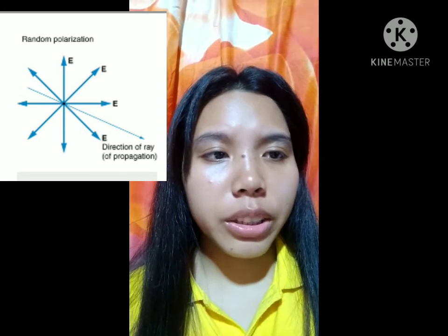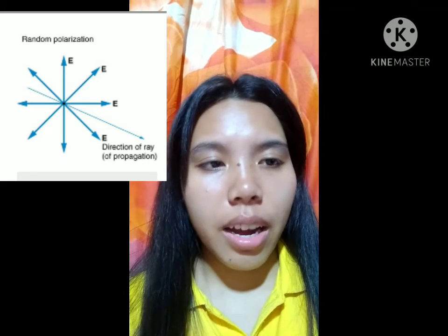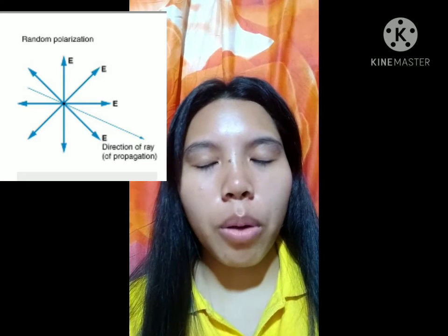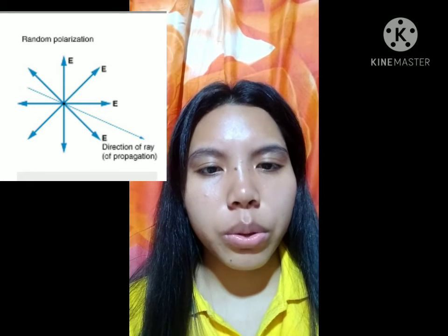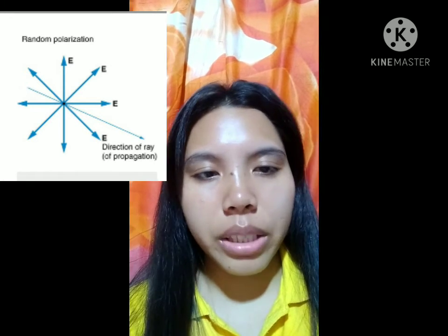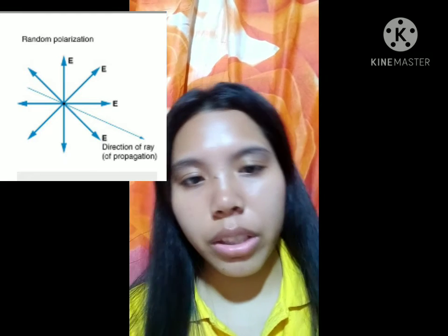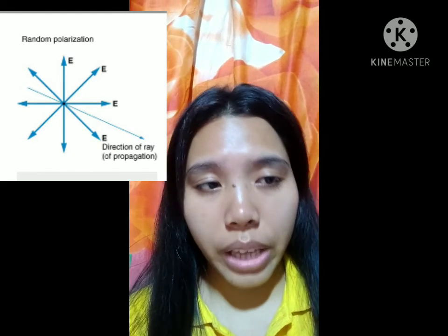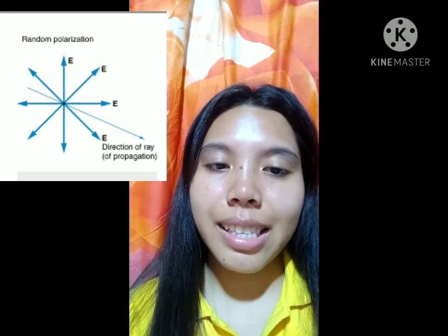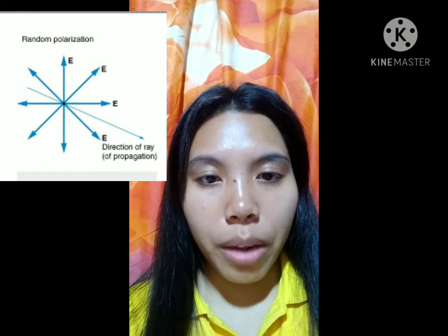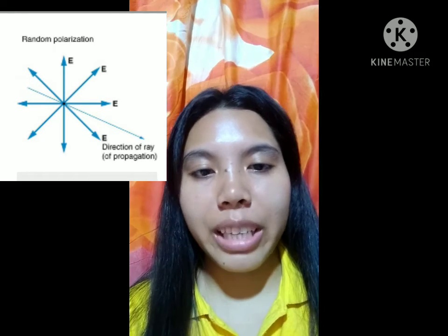The slender arrow represents a ray of unpolarized light. The bold arrows represent the direction of polarization of the individual waves composing the ray. Since the light is unpolarized, the arrows point in all directions.